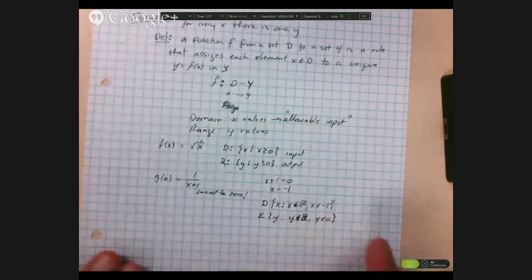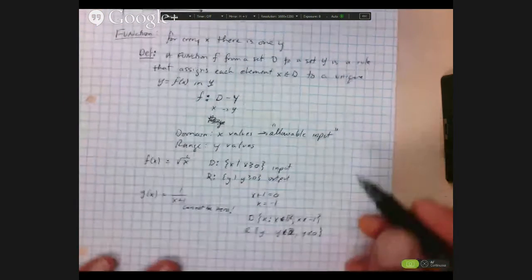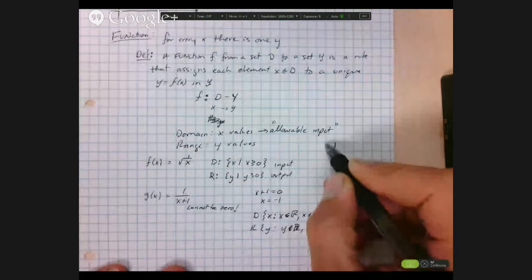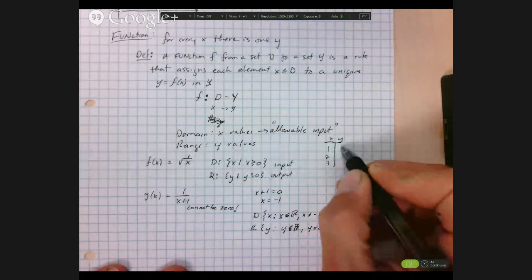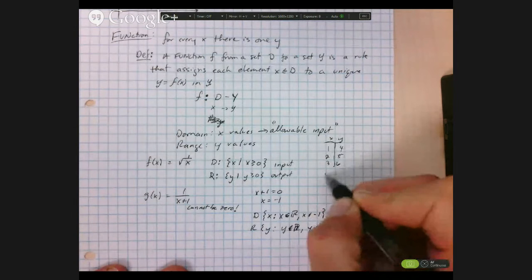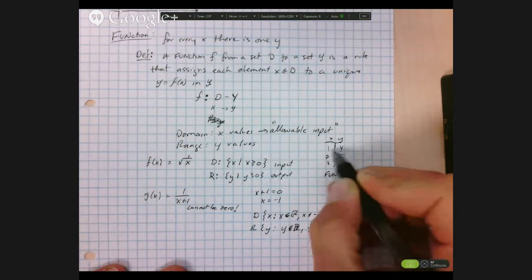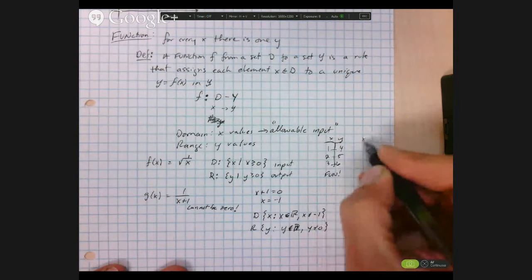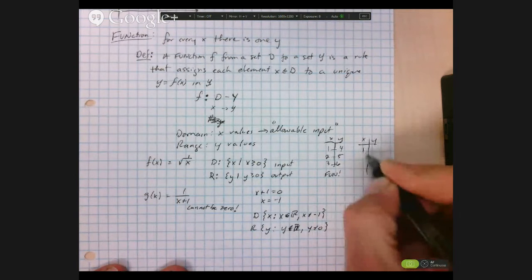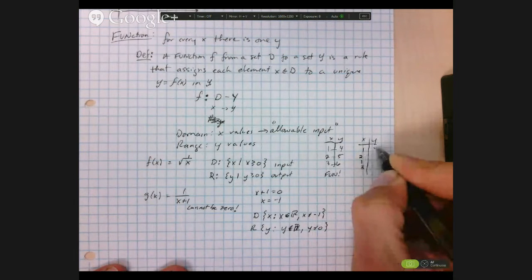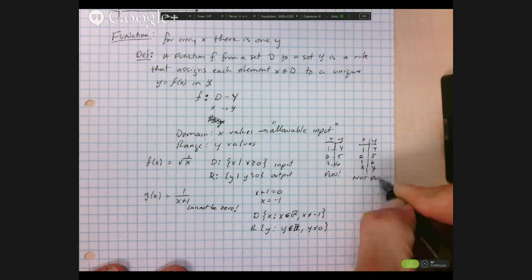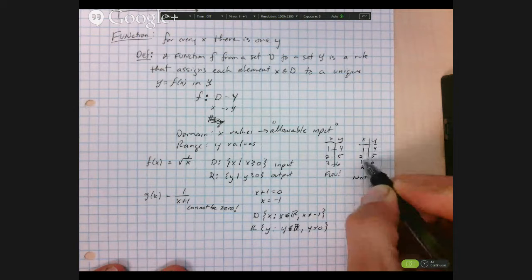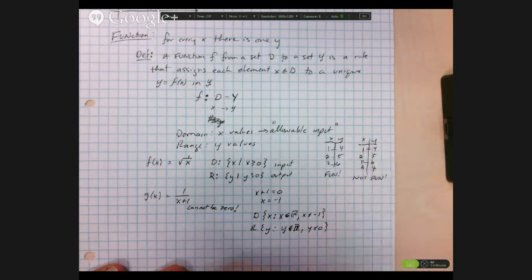Just a quick note on functions. This will refresh your memory. This is a function because every x has its own y. This is not a function because the number 1 is an x but has 2 different y's that it goes to.